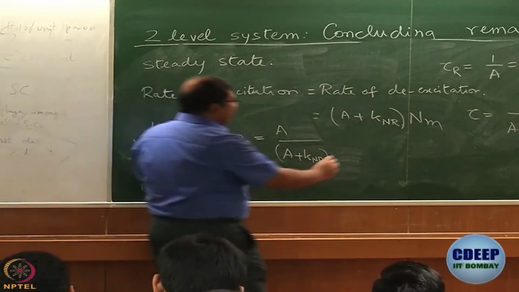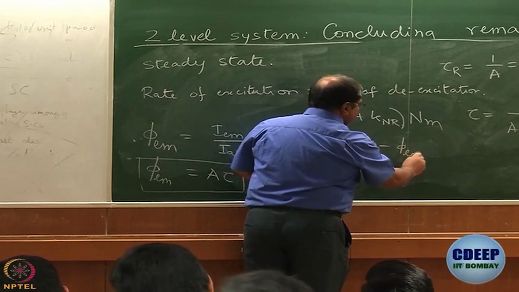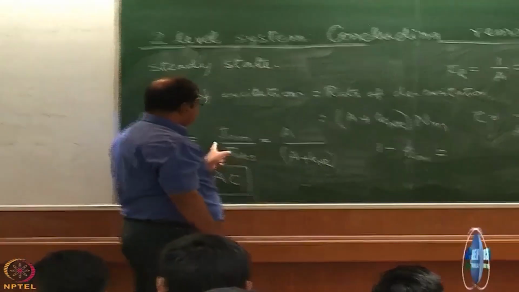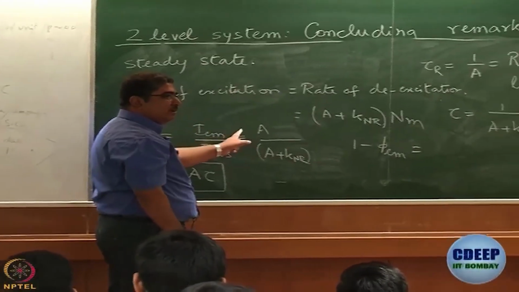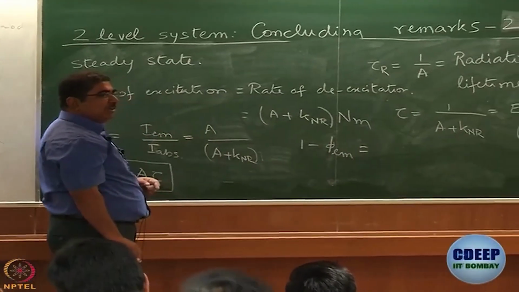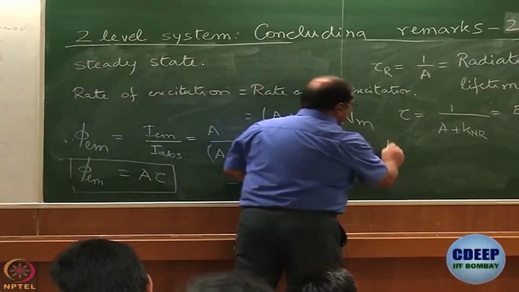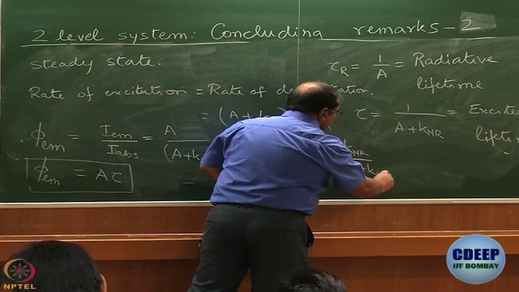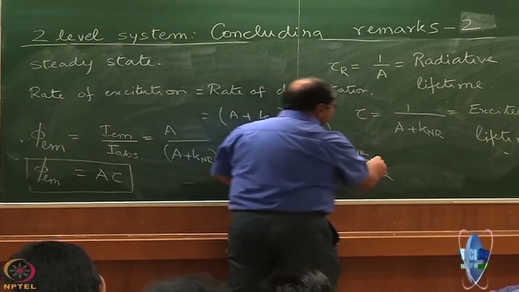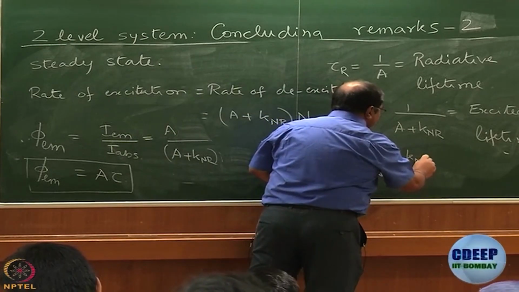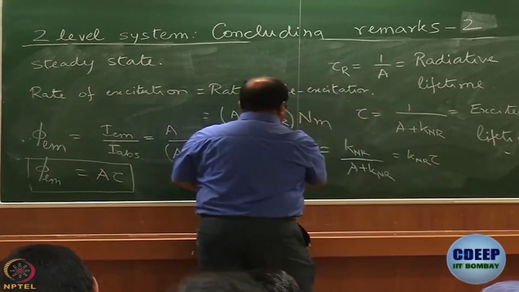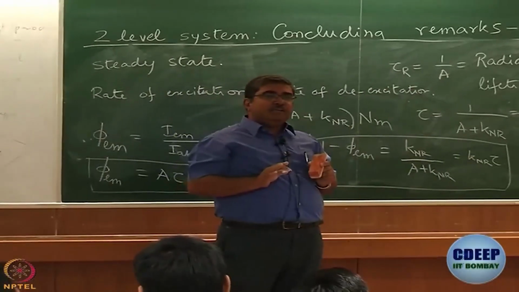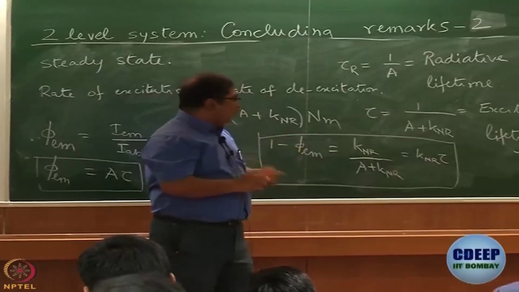What is 1 minus phi em? Can you work that out for me from here? Just do the algebra. 1 minus A divided by A plus KNR. What are you left with? KNR by A plus KNR, and we know that 1 by A plus KNR is tau. So it is KNR multiplied by tau. Now see, you know how to determine emission quantum yield. You did that last evening. How do you measure lifetime?